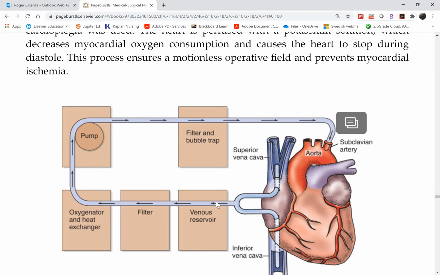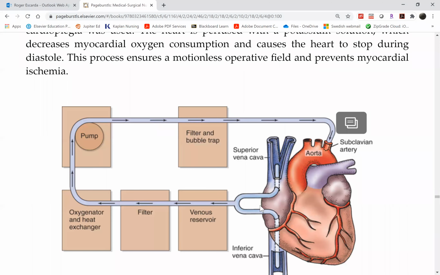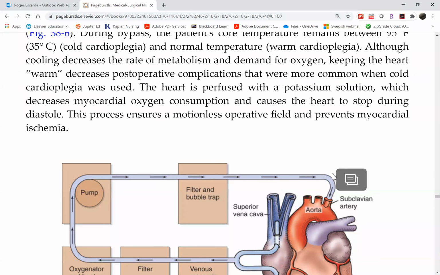So we put the connections here, so blood continues during the procedure while the heart is not pumping. After the procedure, they have to make sure the heart pumps back first. So we need the pacemakers.